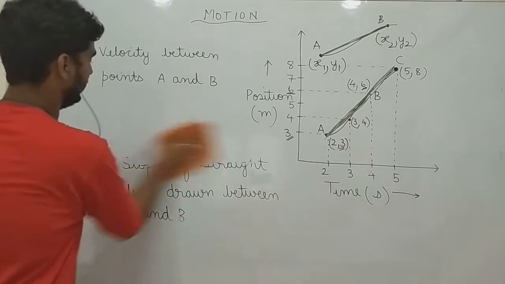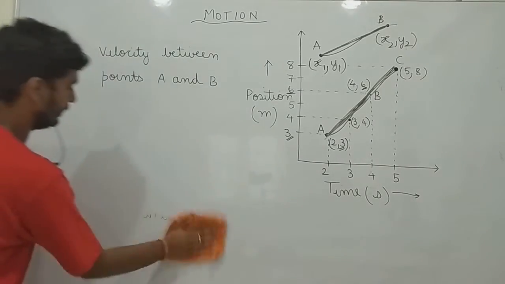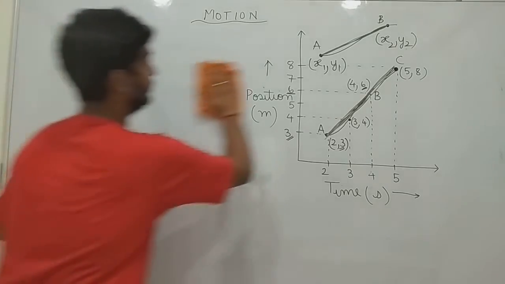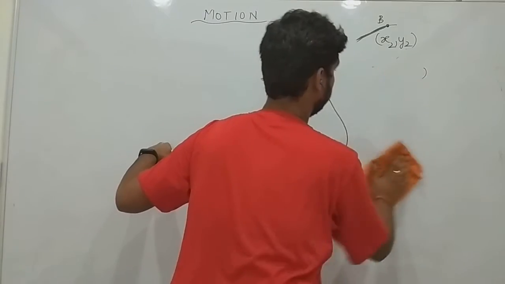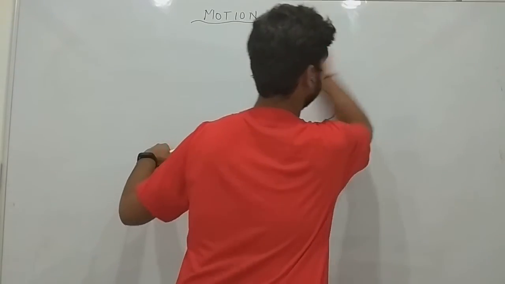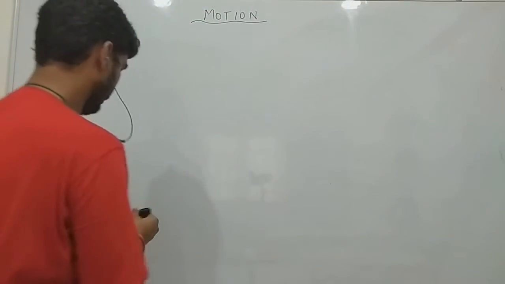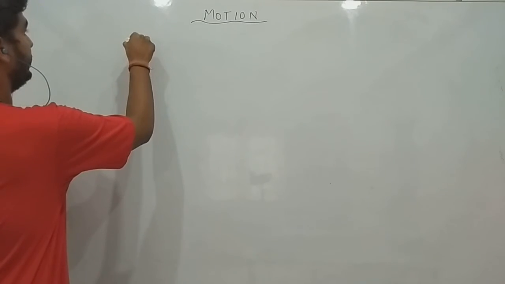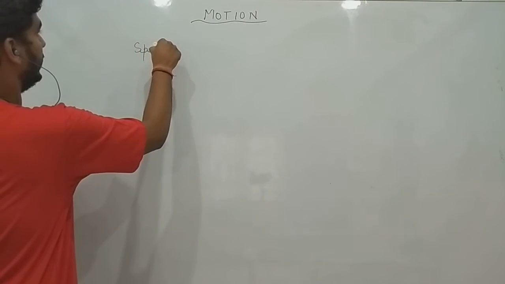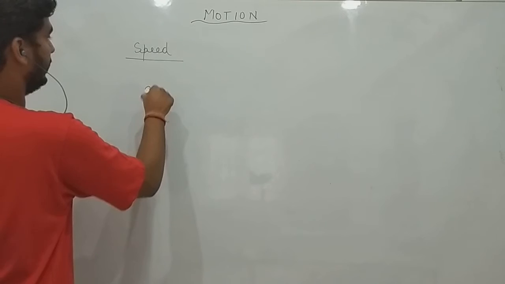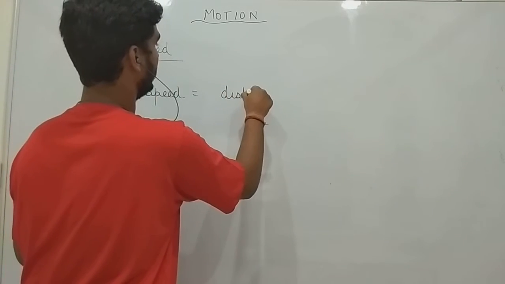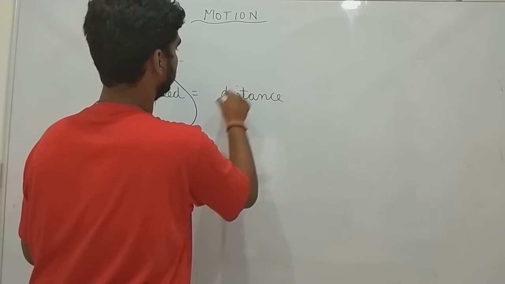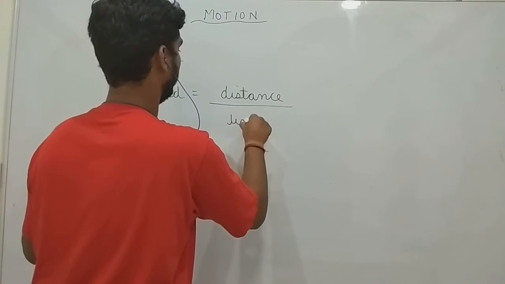So, let us see what is speed. Speed is equal to distance by time. Remember, it is distance, not displacement. Distance by time.